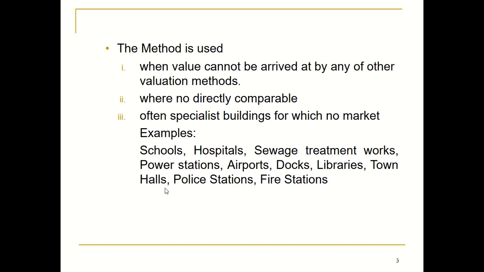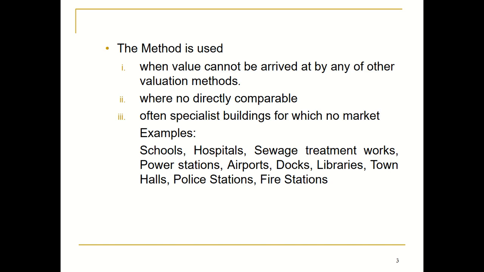Okay, when there is no direct comparable, often for specialist buildings which have no market. For example school, hospital, sewage treatment works, power station, airport. These are examples of properties that are rarely transacted in the market, right? Who would sell a school, or a police station, or a library?